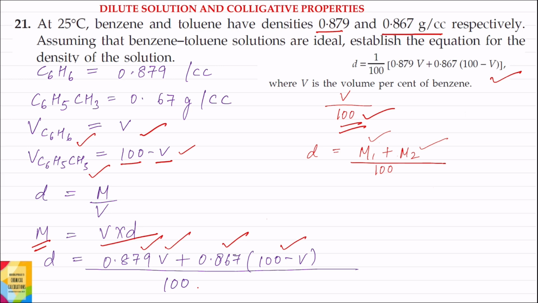So mass of benzene plus mass of toluene divided by volume of the solution, that is 100, will give the density of the solution. So the expression for density becomes (0.879 V plus 0.867 into (100 minus V)) divided by 100.